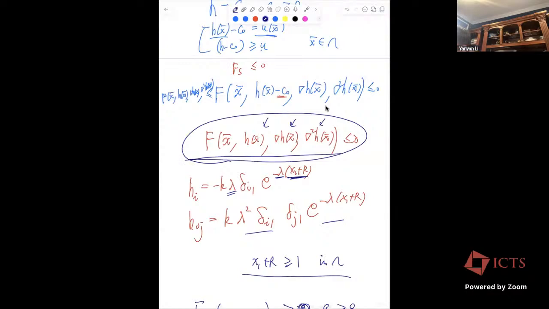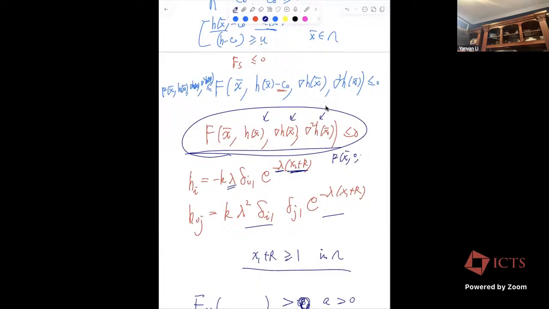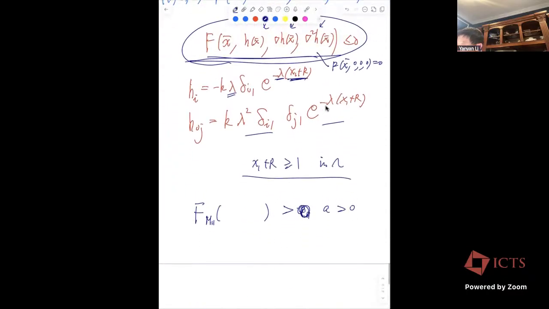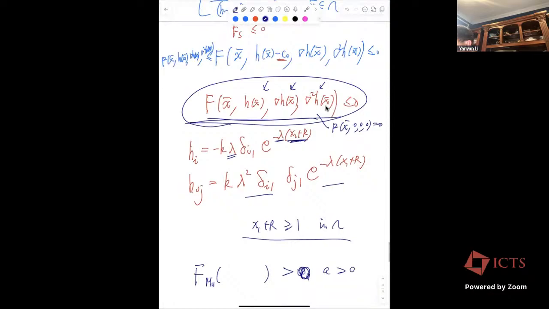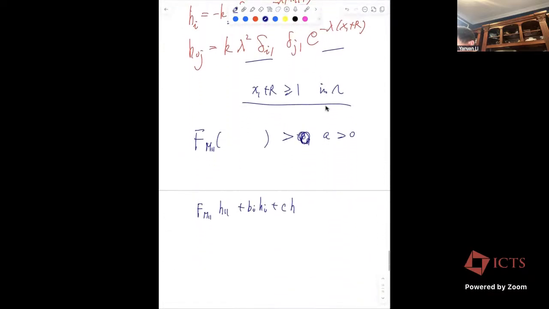Because F of X bar, 0, 0, 0 is equal to 0, you use the mean value theorem, and you will see M11 multiply H11 plus B_i H_i plus C H. You just use the intermediate value theorem.